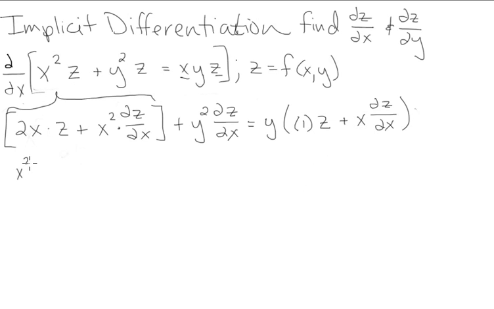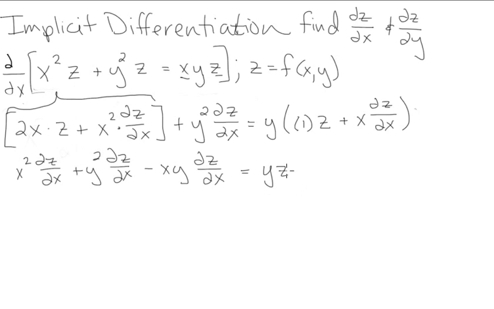I get x squared dz dx plus y squared dz dx minus xy, notice I've distributed that y in, times dz dx is equal to, I have yz on the right-hand side minus 2xz moved over from the left-hand side.